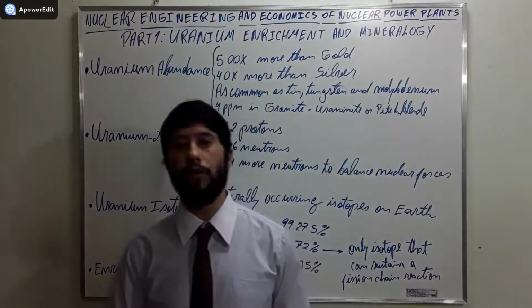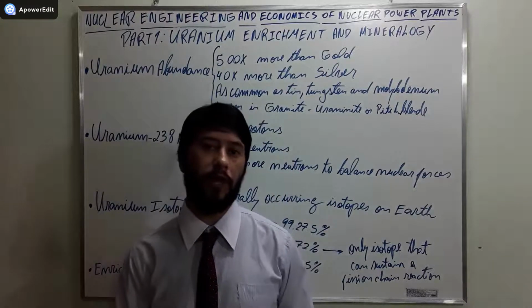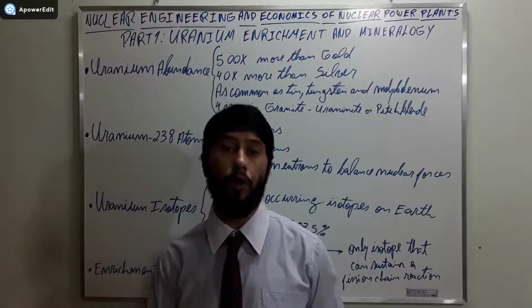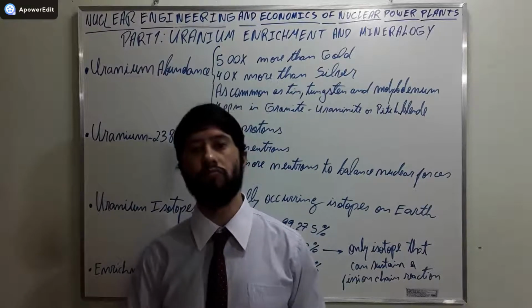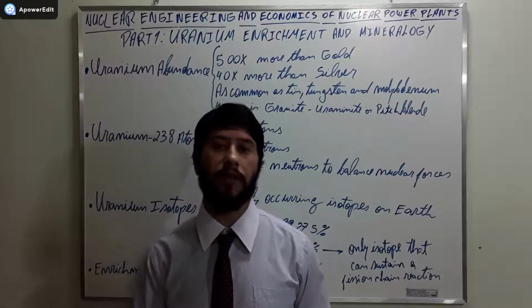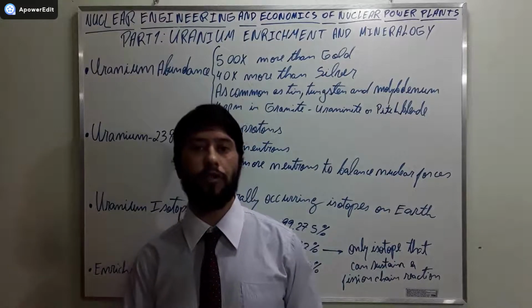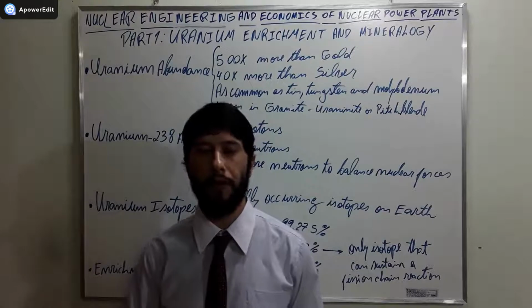The uranium found on Earth is theorized to have been created in a supernova some 6 billion years ago. Today, its radioactive decay provides the main source of heat inside of the Earth.